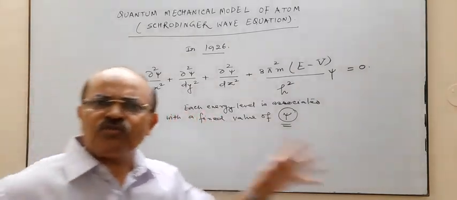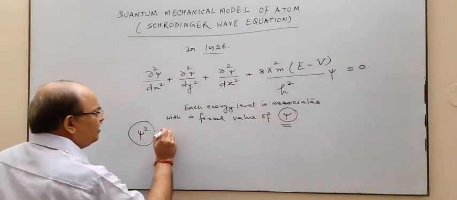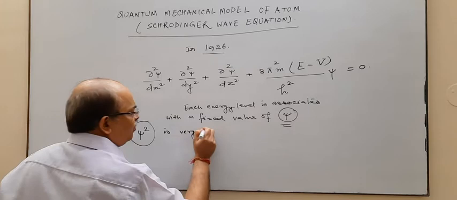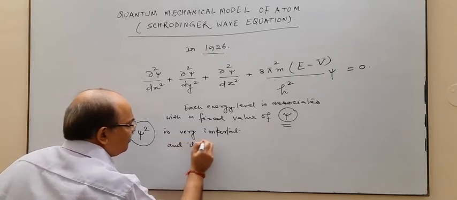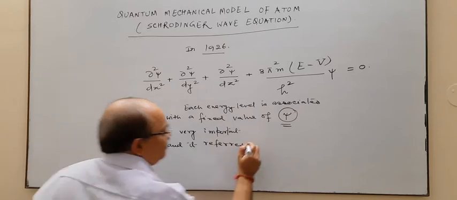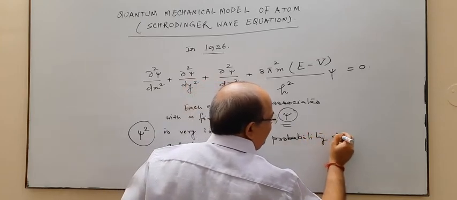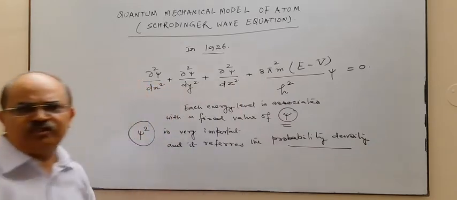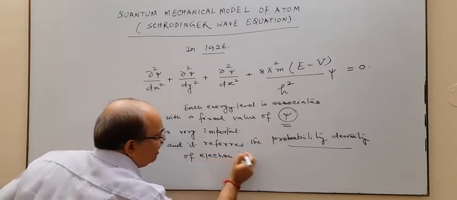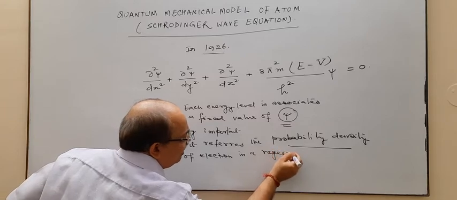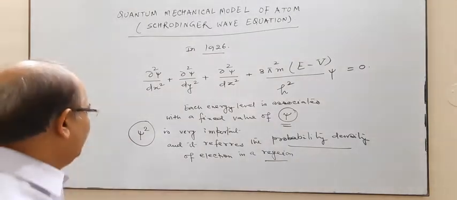However, psi square is very important, and it refers to the probability density of electron, or simply called electron density, in a region, and that's why psi square is also referred to as atomic orbital.